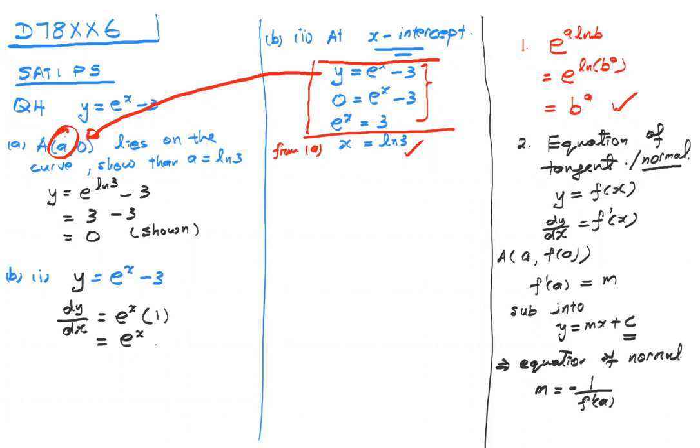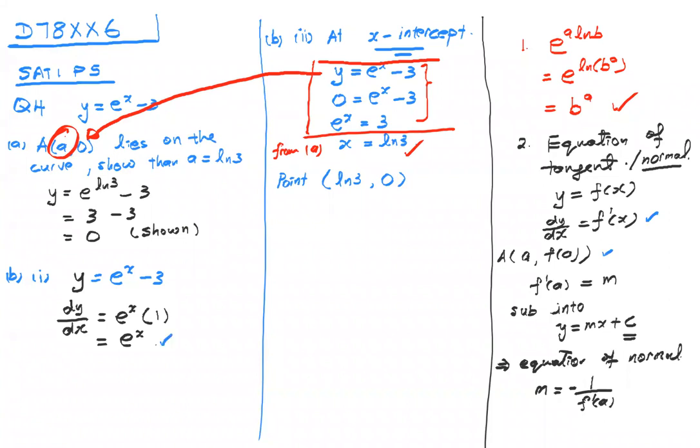Okay. So now I have the point. That is ln 3, your x coordinate, and the y coordinate is 0. So I got the point. I got the dy/dx here.